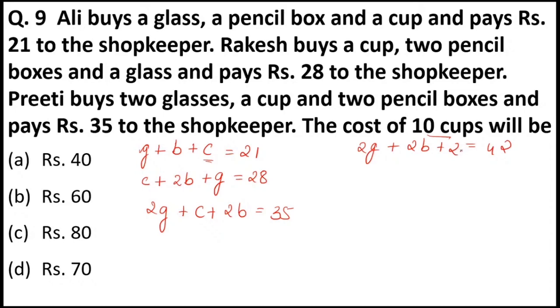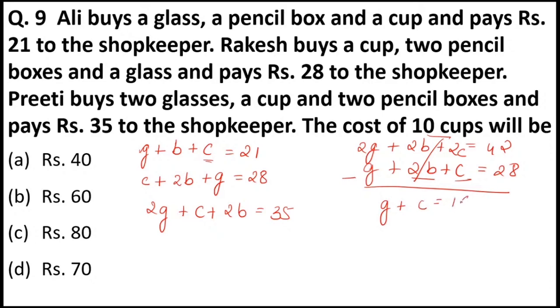So this becomes G plus 2B plus C gives you 28. Let's subtract these terms. So what do you get? G plus C. How much does it give? 42 minus 28 is 14.